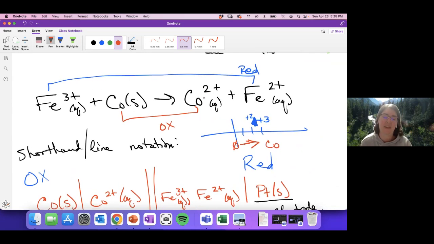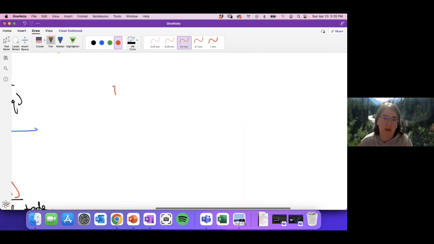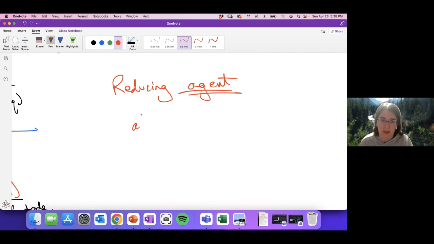When we talk about something that is a reducing agent, it is what allows reduction to happen.